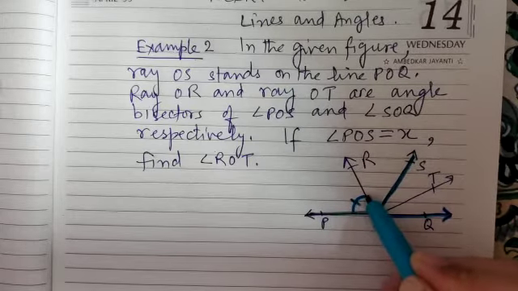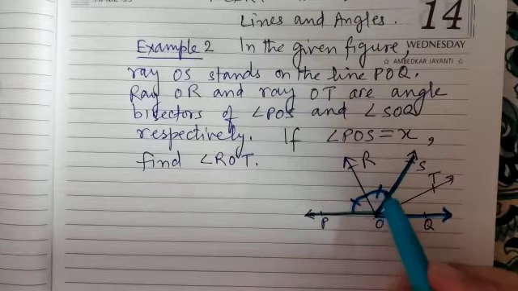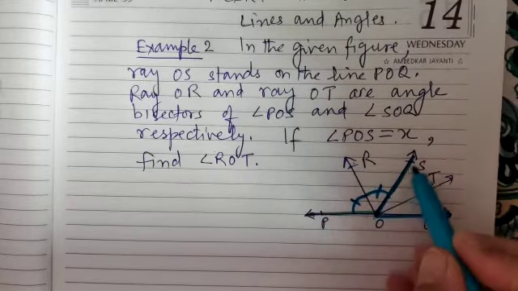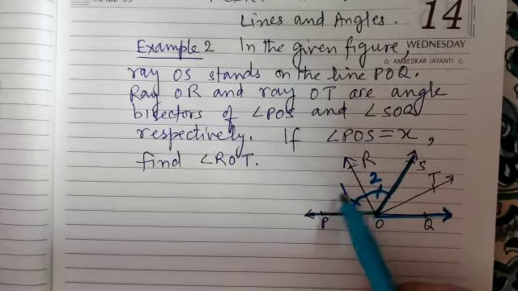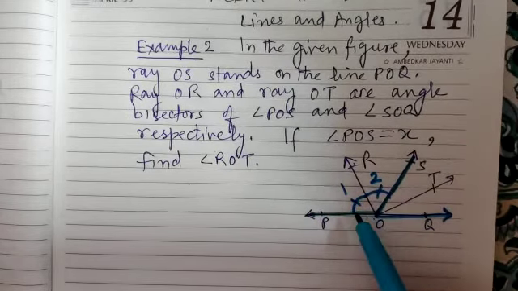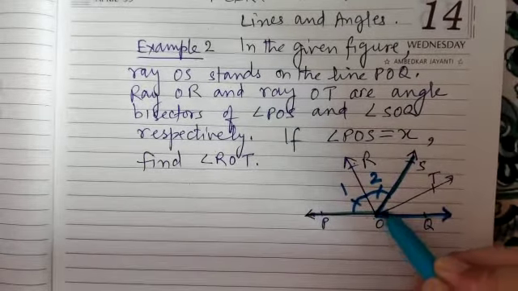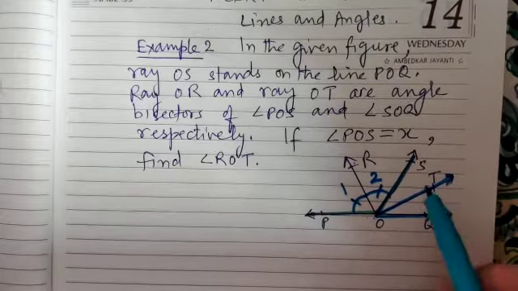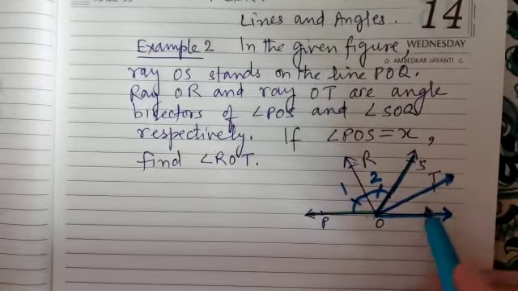See, I am marking here. Angle POR will be equal to angle ROS. So let us label this. So angle 1 will be equal to angle 2. Similarly, here it is given that OT is bisector of angle SOQ.